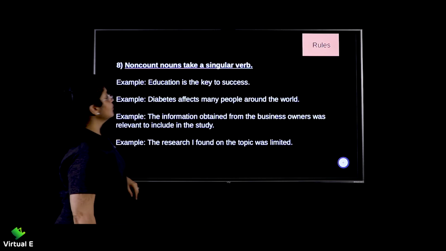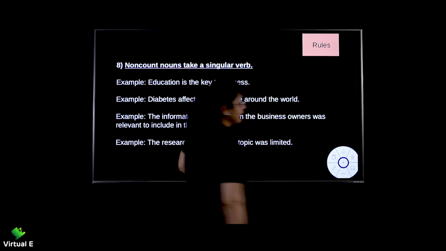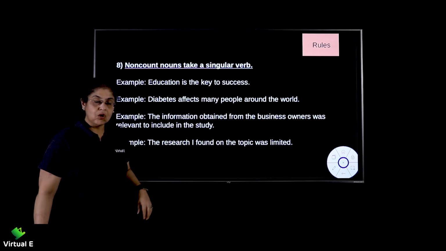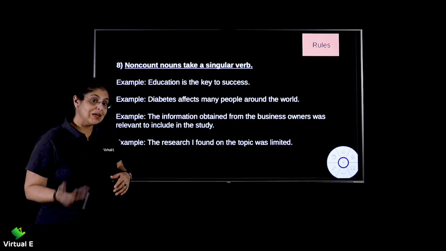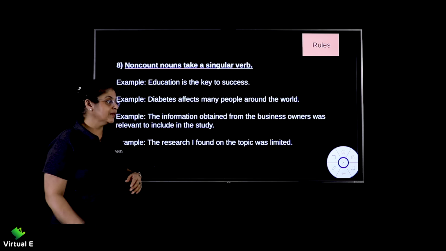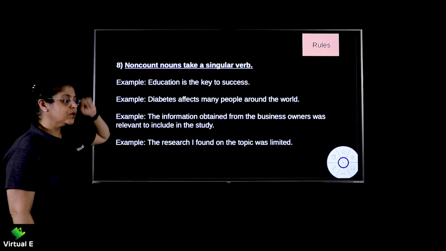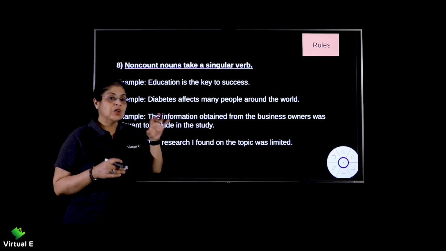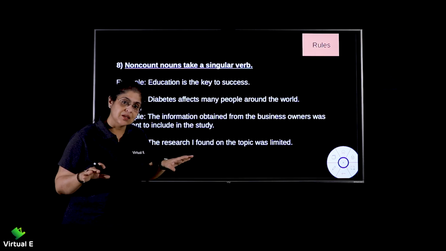Now, non-count nouns take a singular verb. What do you mean by non-count nouns? Non-count means nouns which you cannot count, right? Uncountable nouns. Yes, we have done them. So, let's look at this. They always take a singular verb. It's a nice thing to remember. All the each, everybody, nobody, somebody, they all take singular.